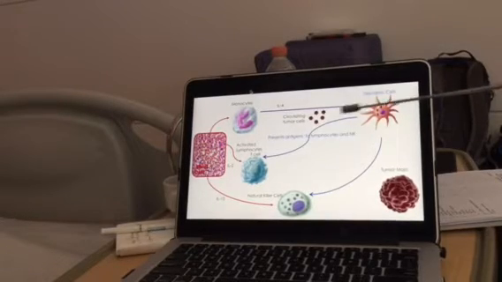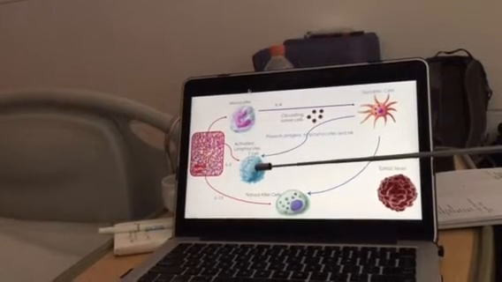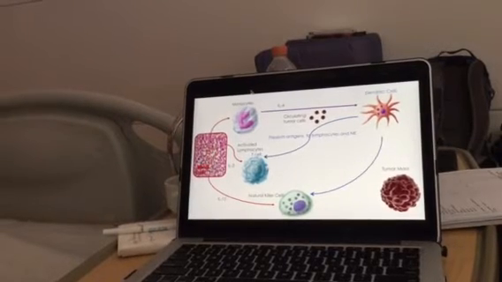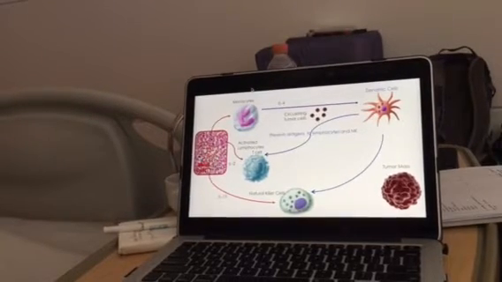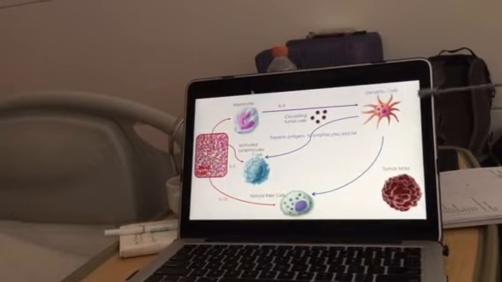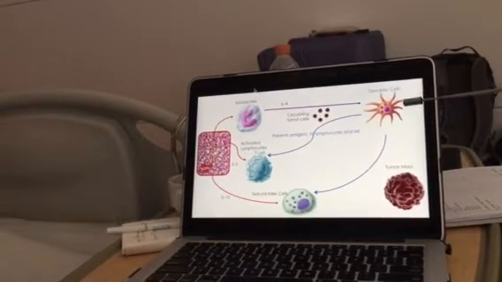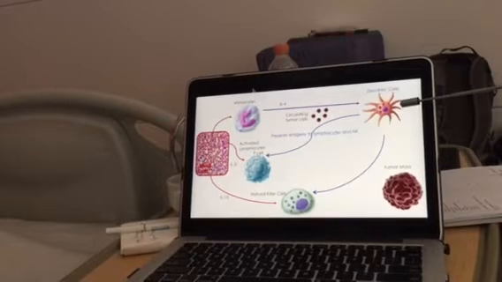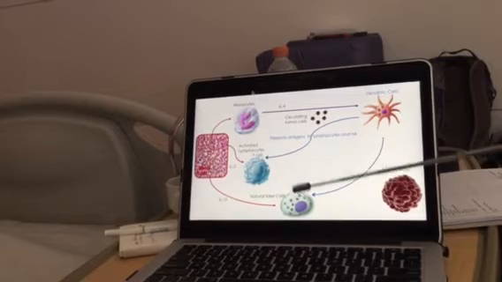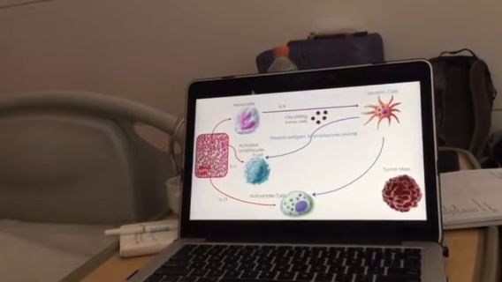So dendritic cells present antigens to lymphocytes and natural killer cells in the lymph nodes around the body. Dendritic cells have the information as the generals in the army have enemies information to share to the soldiers. Okay.